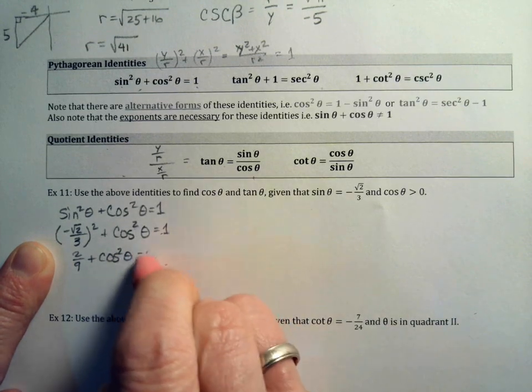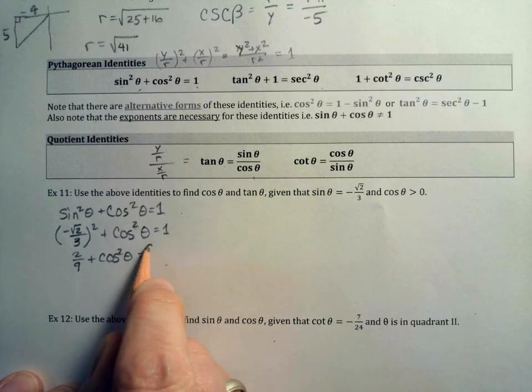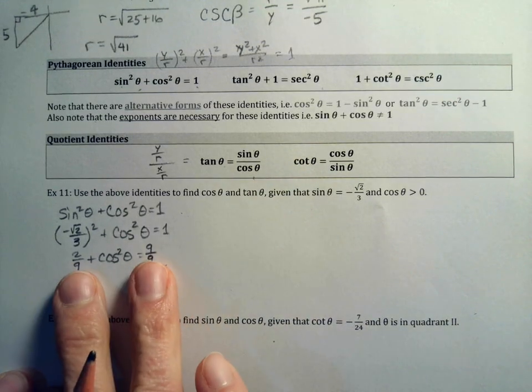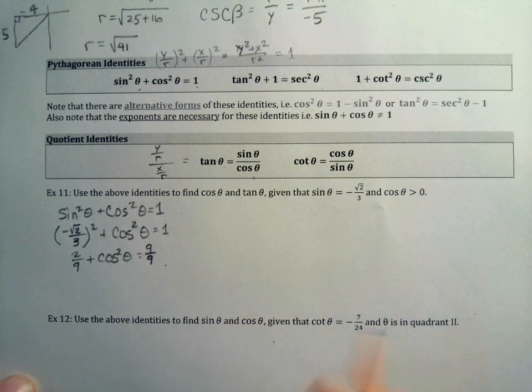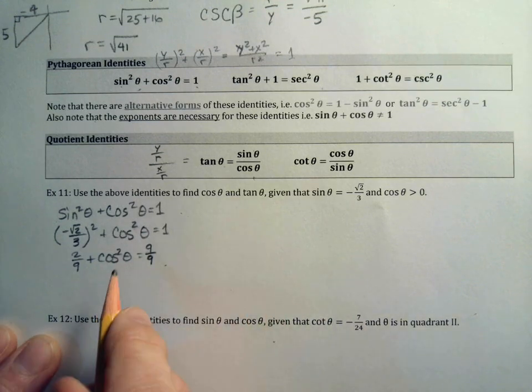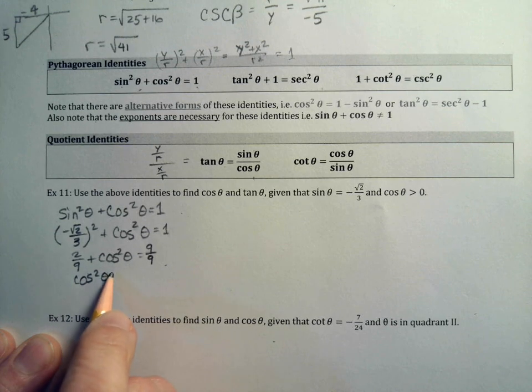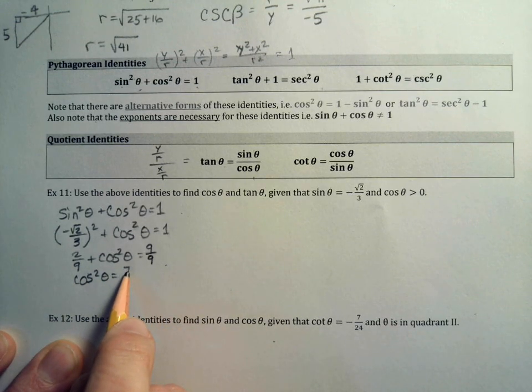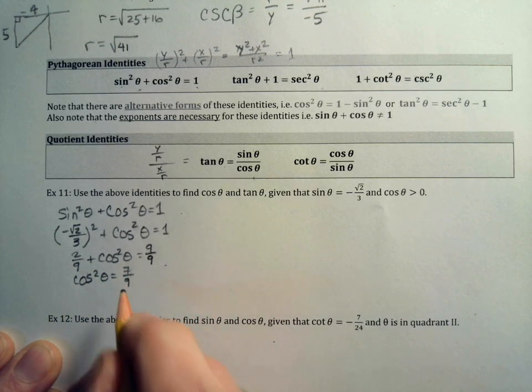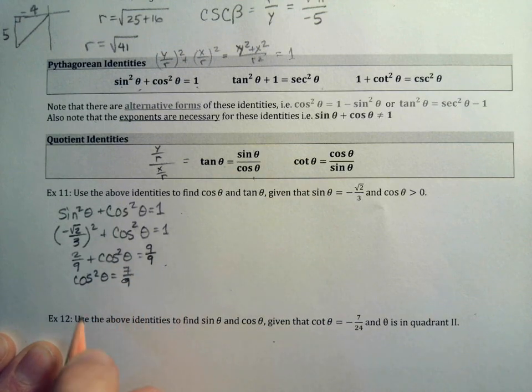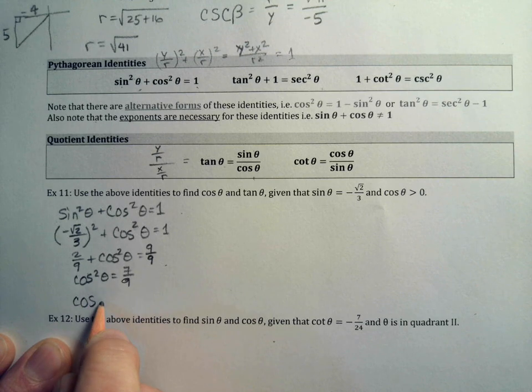Well, let's turn that 1 into what? 9/9, so that we can combine these. We're going to take this 2/9 to the other side. And so cosine squared theta is equal to 7/9. And so then what is the cosine of theta?